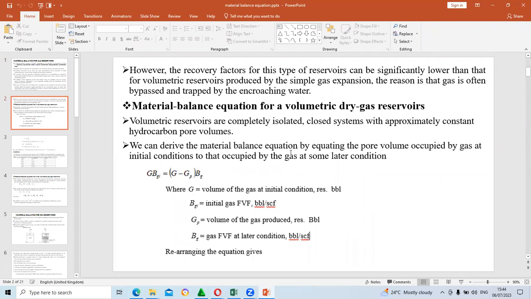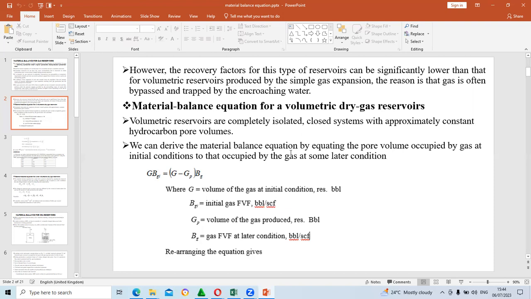Okay, so we are going to start by looking at the material balance equation for a gas reservoir. We are just going to take some cases and discuss them because there is no way we can discuss all the various cases that may arise. So the first thing we are going to look at is a volumetric dry gas reservoir.